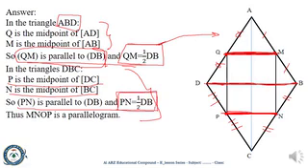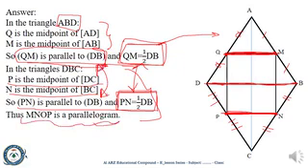And of course you can see that PN is equal to half DB and QM is equal to half DB. That means PN is equal to QM, right, guys? Also, they are both parallel to DB. QM and PN are both parallel to DB. It means that they are parallel. So MNPQ is a parallelogram.